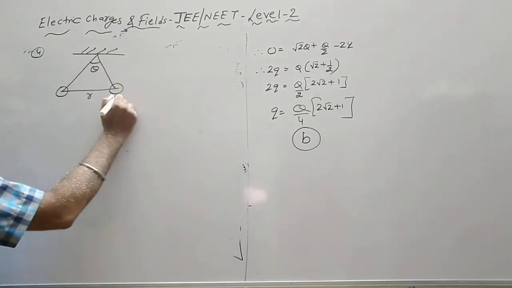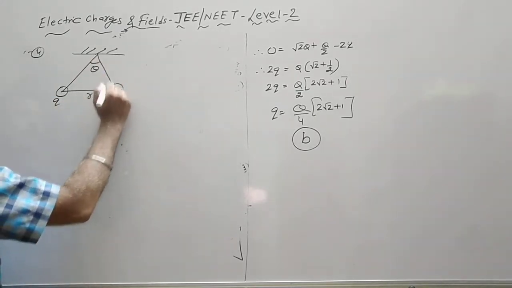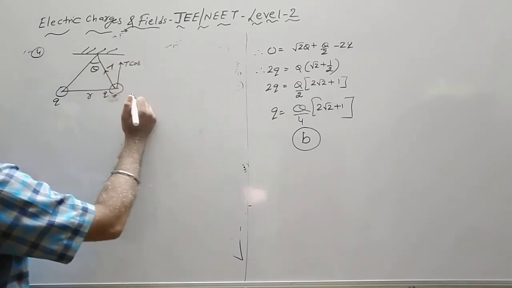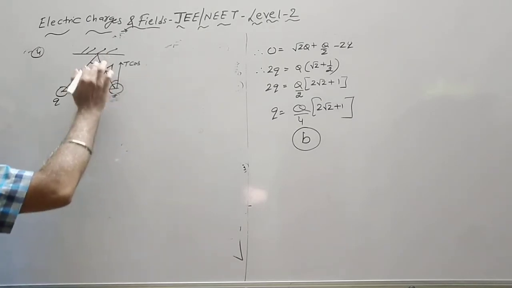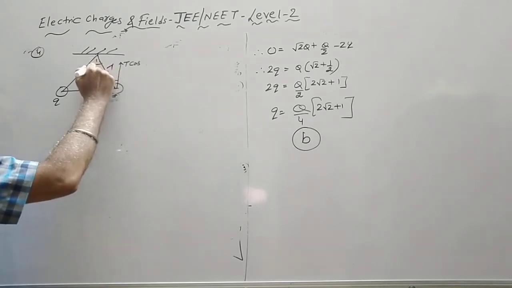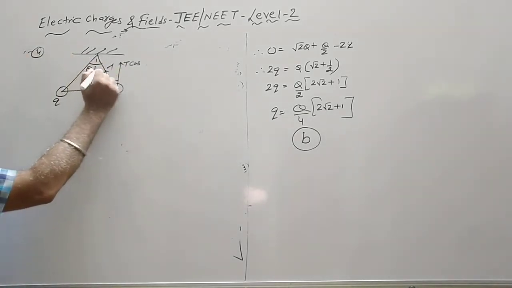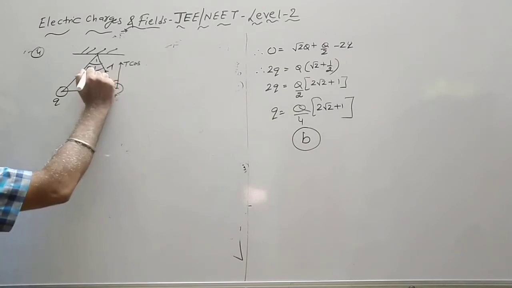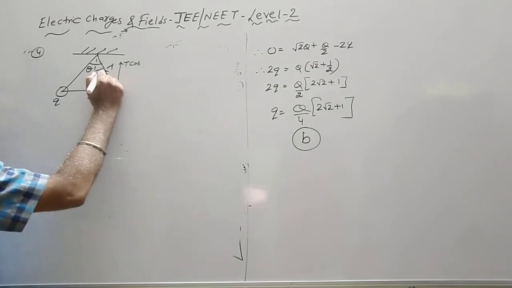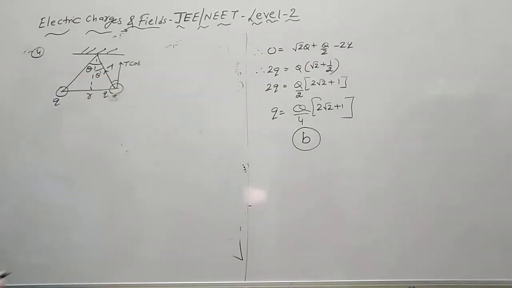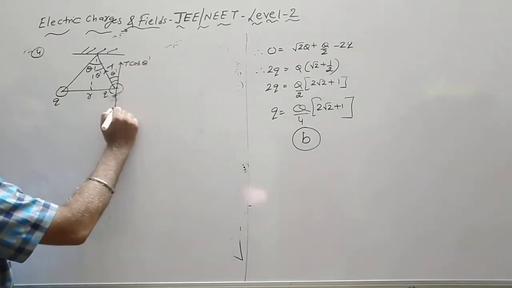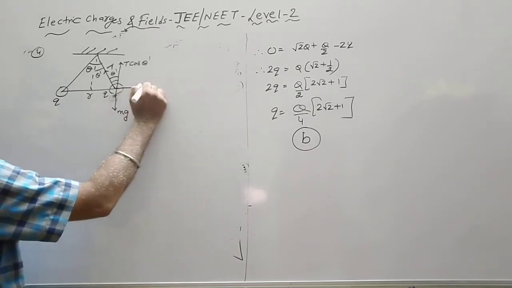Now if you remember, if they are charged, we have tension T, and this component is T cos theta dash. Let this angle, which is theta by 2, be denoted as theta dash. Now this is mg and this is Fe.